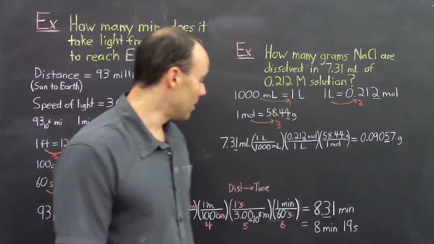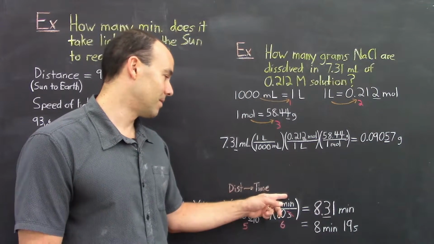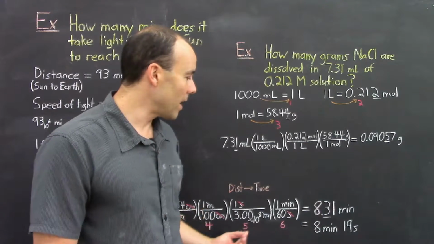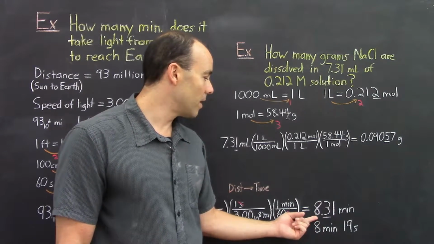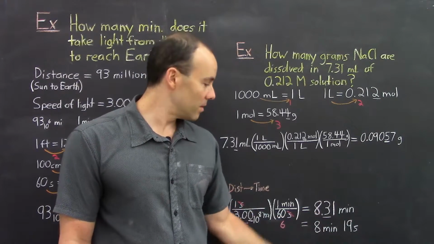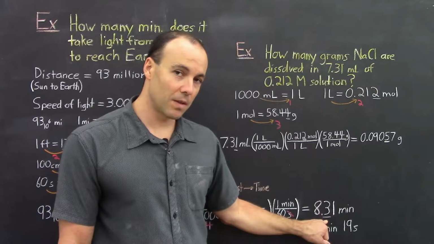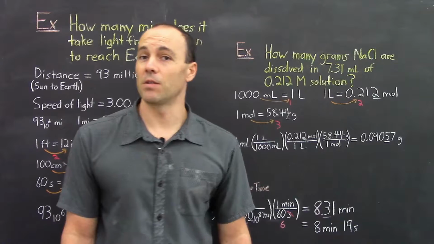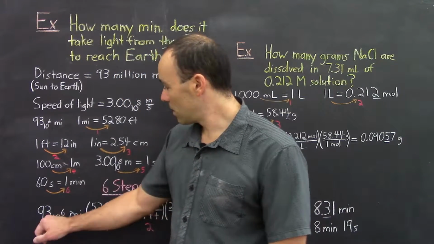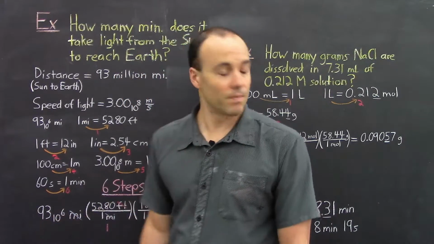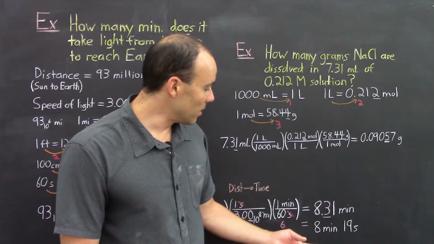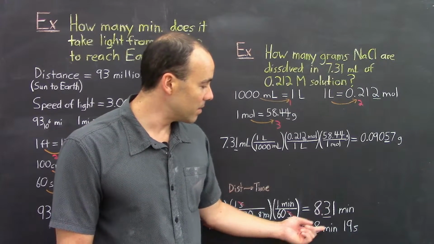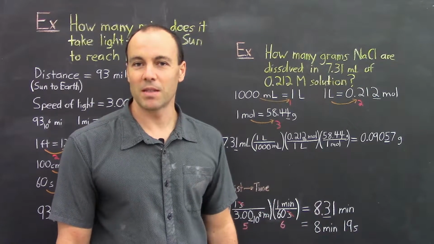And then finally, from seconds to minutes. When you do all the calculations, you end up with 8.31 minutes. This is a 2 significant figure answer because we started with 2 significant figures at the beginning with the distance. If you want to, you can convert to minutes and seconds. So it's 8 minutes, 19 seconds.